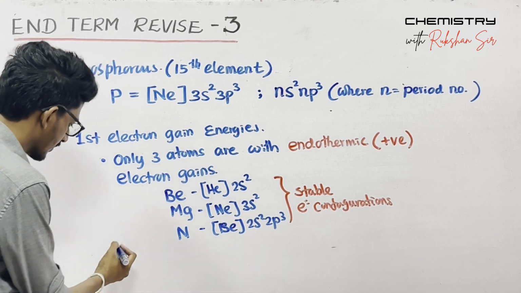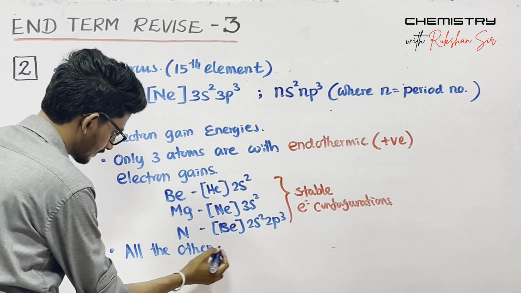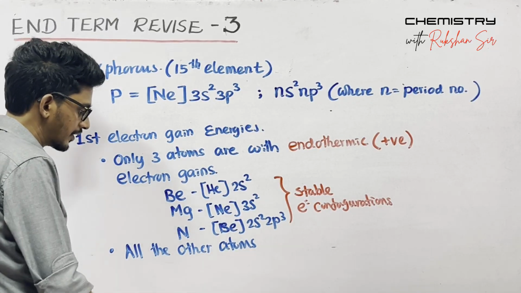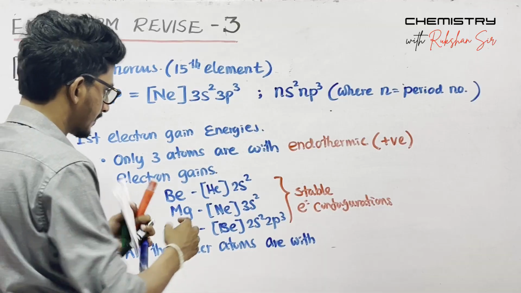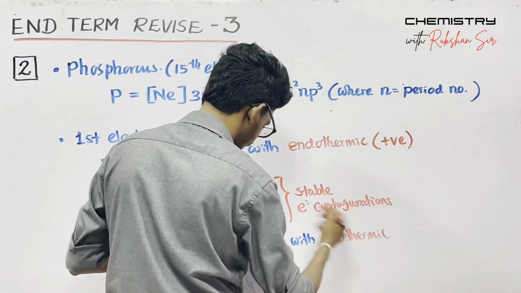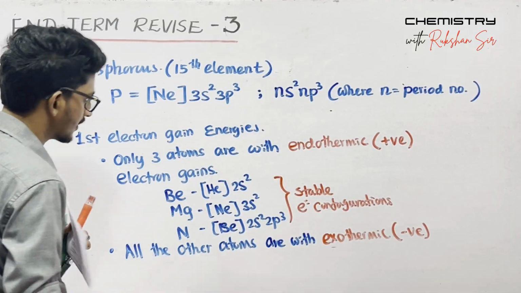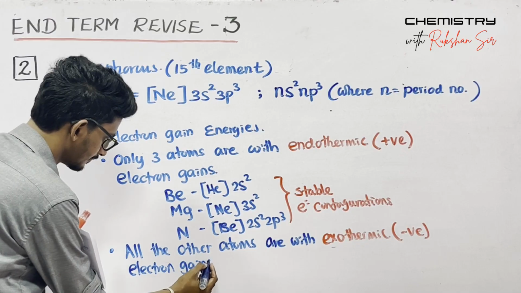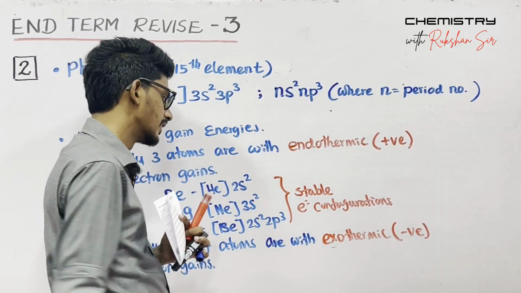All the other atoms are keen to gain their first electrons, with exothermic, or one can say negative, first electron gains. Other than beryllium, magnesium, nitrogen, all the other atoms are with negative first electron gains.